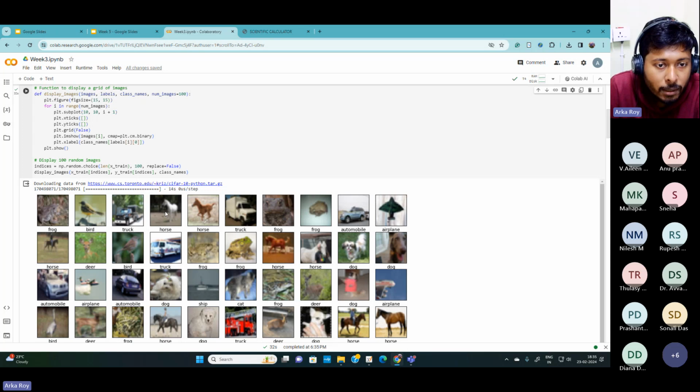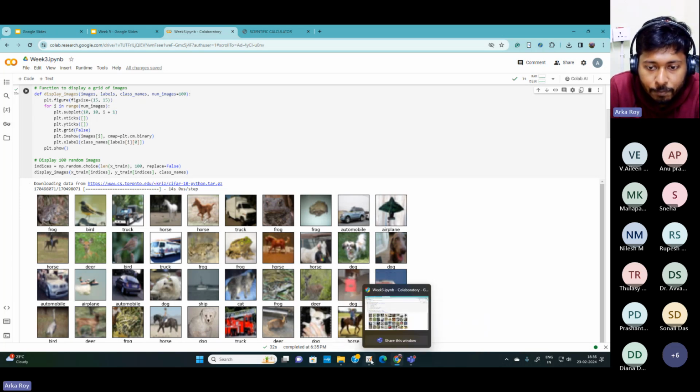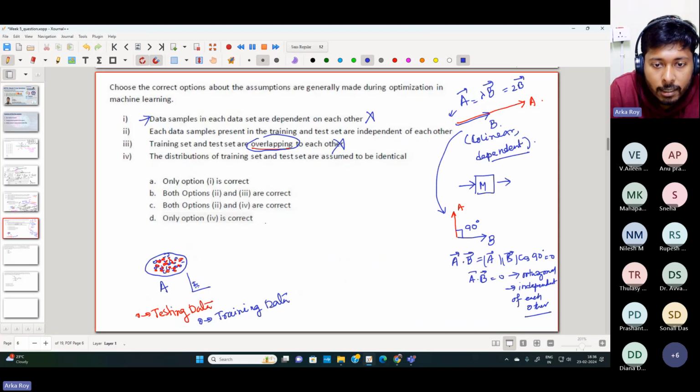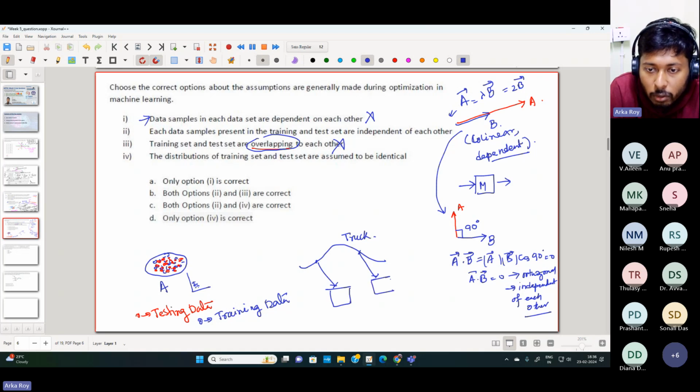But now you can see these two are trucks. Obviously, these two are trucks, but the images look different. What it basically means is that, let's say this is a probability distribution of a truck. If you sample the data from this point or from this point, you will get two different looking trucks.